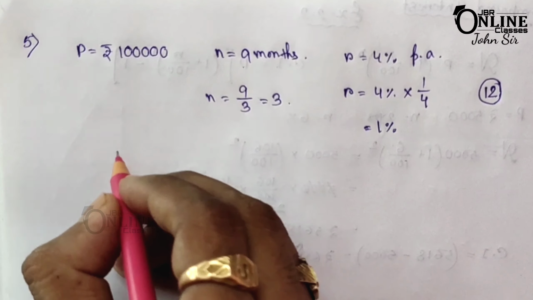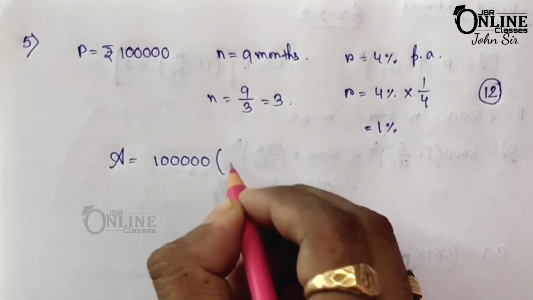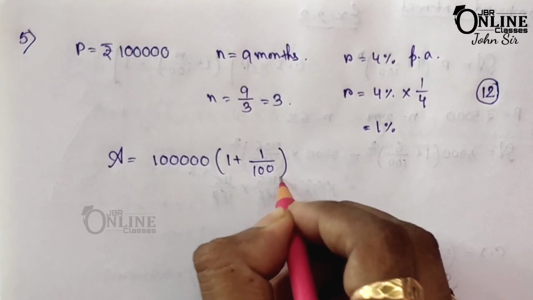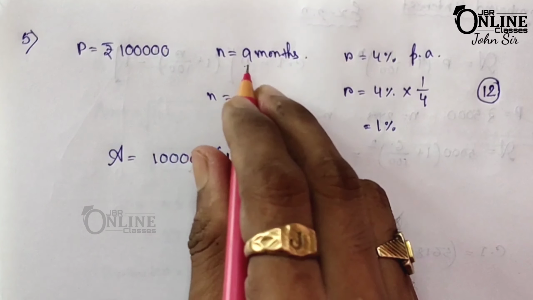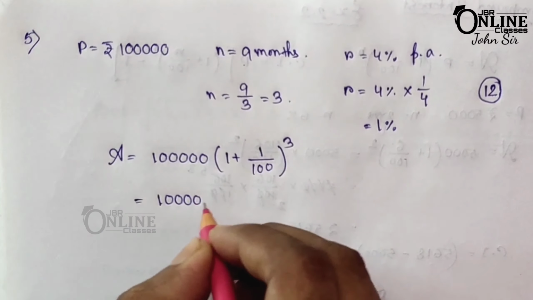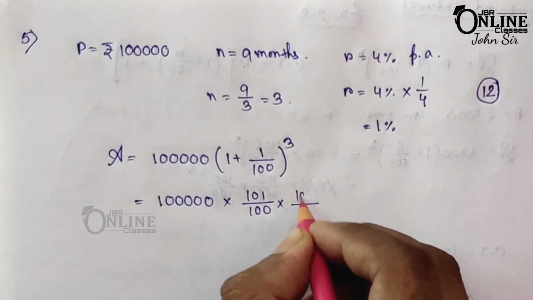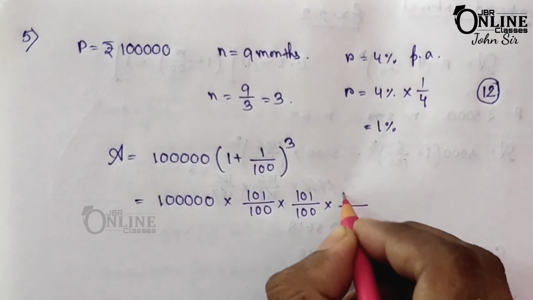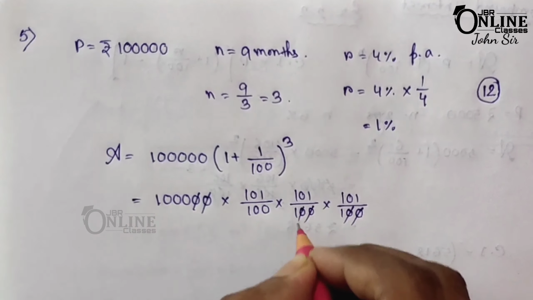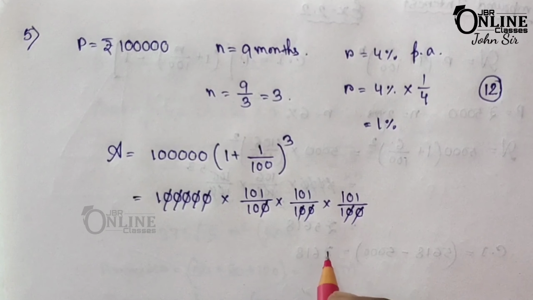So here the amount equals 1 plus r by 100, here r means 1, and n equal to 3, not 9. So it will be 101 by 100, again 101 by 100, and again 101 by 100, cancel out, again 2, and the third one also.